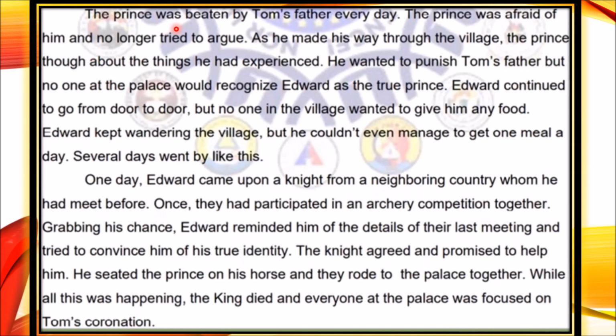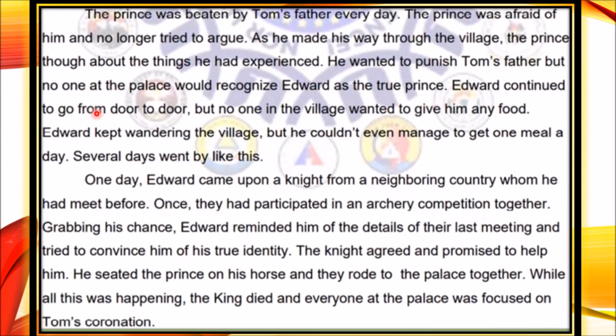The prince was beaten by Tom's father every day. The prince was afraid of him and no longer tried to argue. As he made his way through the village, the prince thought about the things he had experienced. He wanted to punish Tom's father, for no one at the palace would recognize Edward as the true prince.